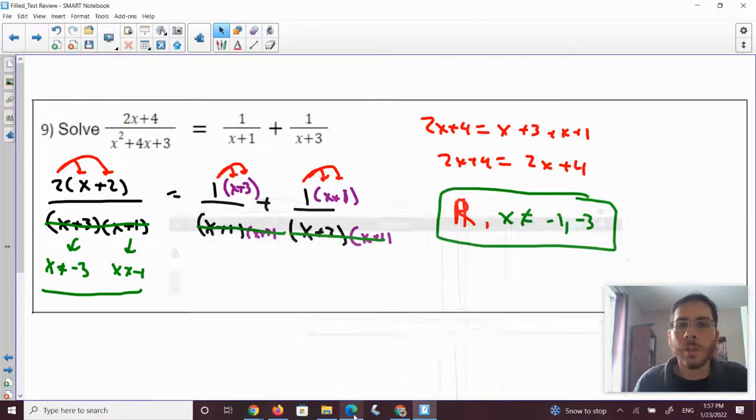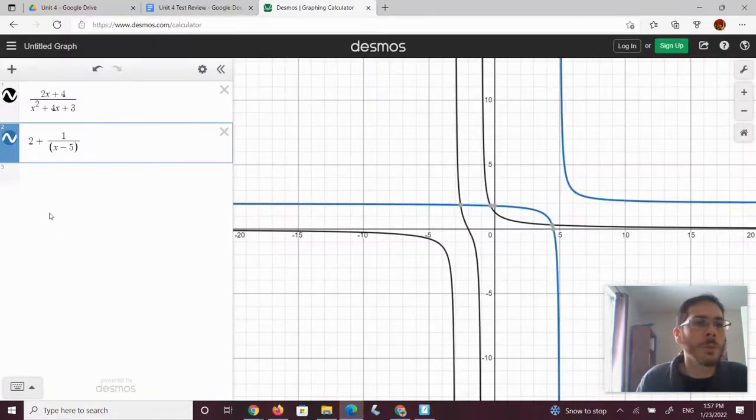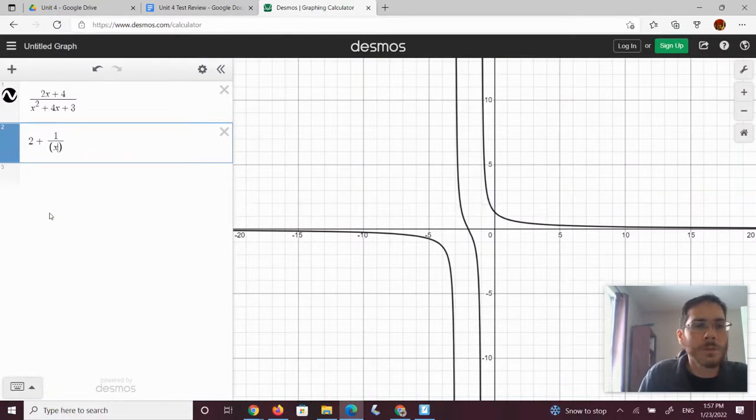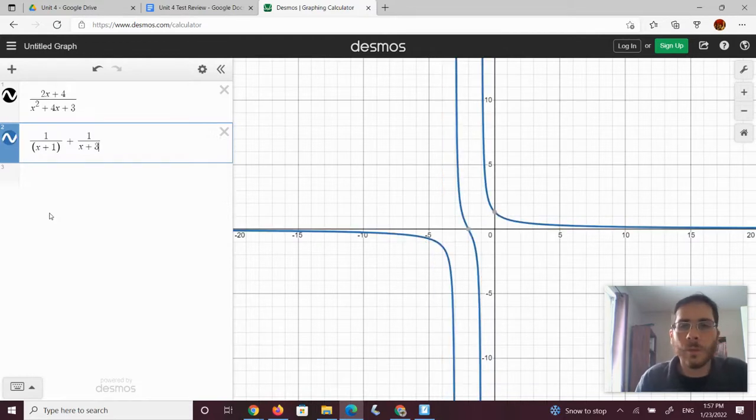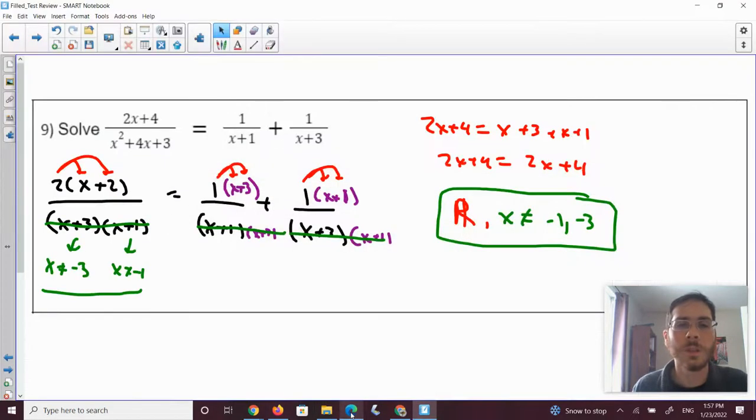And then for the other one, we have x plus 1 and x plus 3. We can see that they line up perfectly, so that's a good sign that it's going to be all real numbers, except, again, we can look at see where these asymptotes are. So we got one at -1 here, and then one at -3 there. So again, just double checking them. Okay, yep, that makes sense.